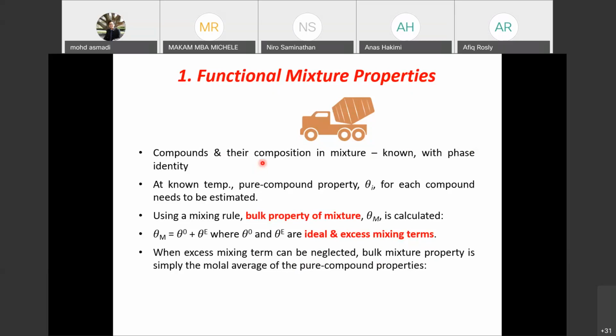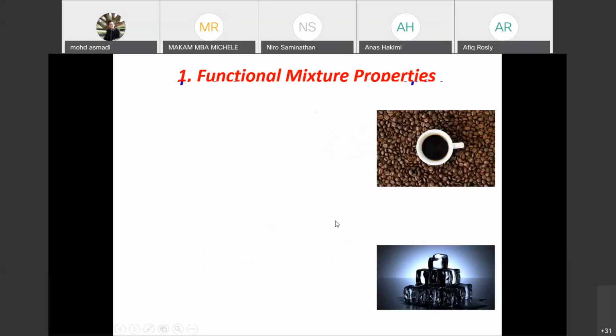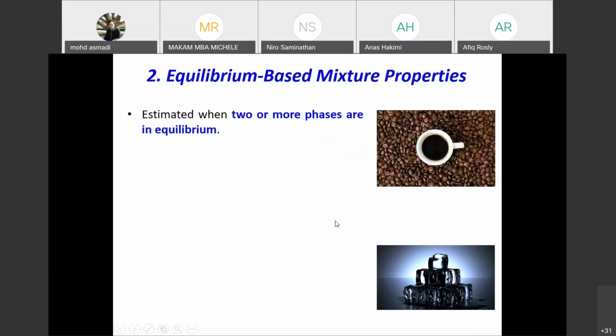So this is a molar average of the pure component properties: the summation of theta i times x i, the mole fraction. So it varies with the properties and the specification. That is for the functional properties of the mixture.